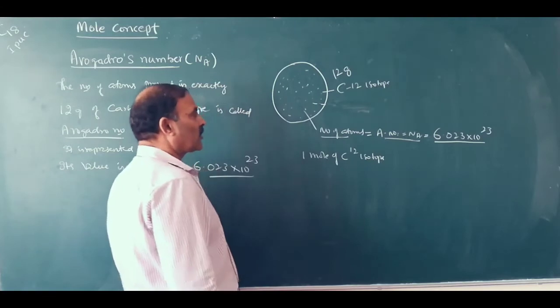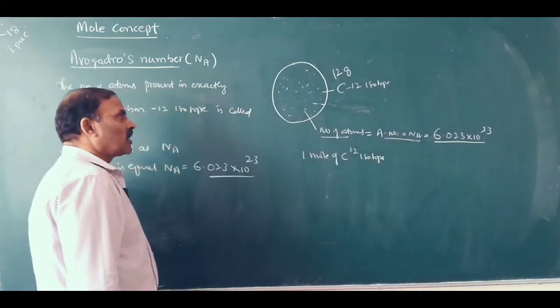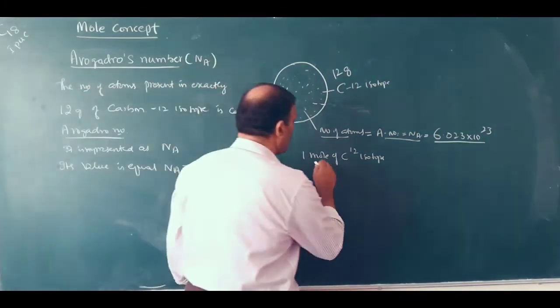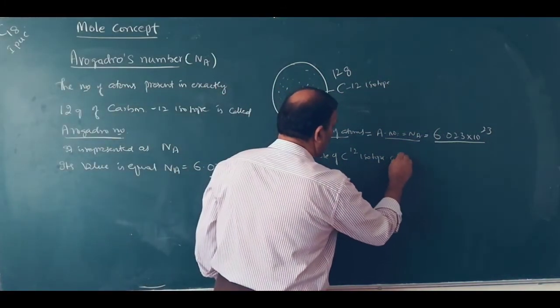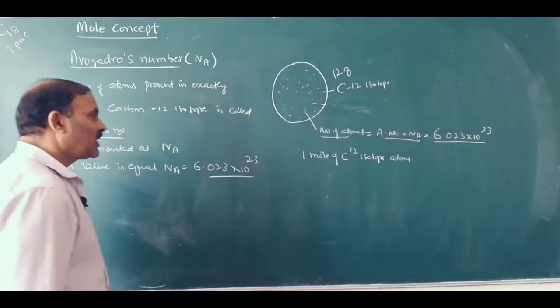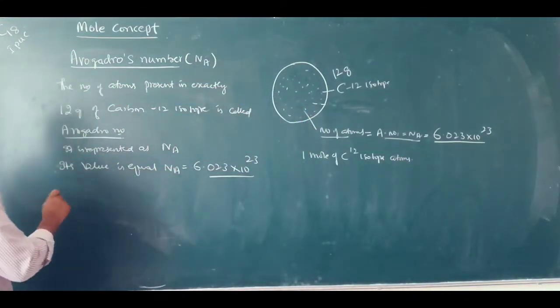12 gram of carbon 12 is also called as 1 mole of carbon 12 isotope atoms. So how can we get this number?